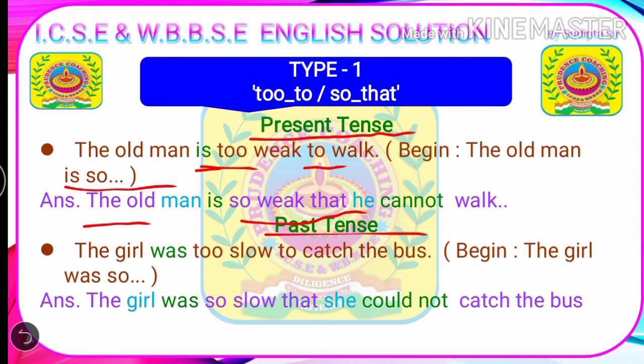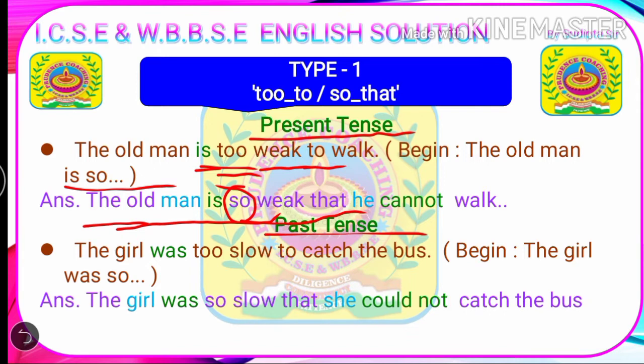The old man is so weak. Actually too means so; too is replaced by so. Weak is an adjective, so so is used before the adjective. So the old man is so weak, and it is joined by using that. The old man is so weak that, and here he is used as the equivalent pronoun of the subject the old man.